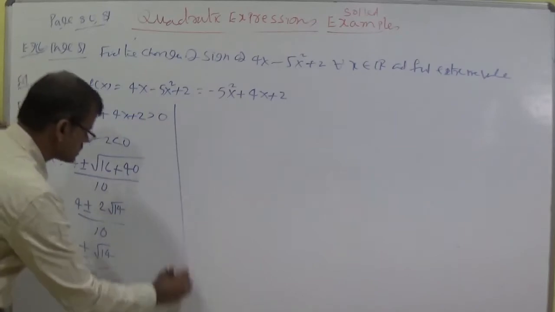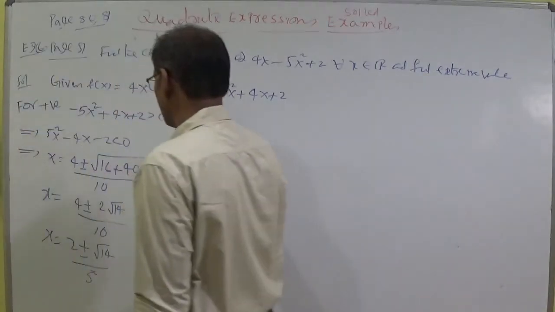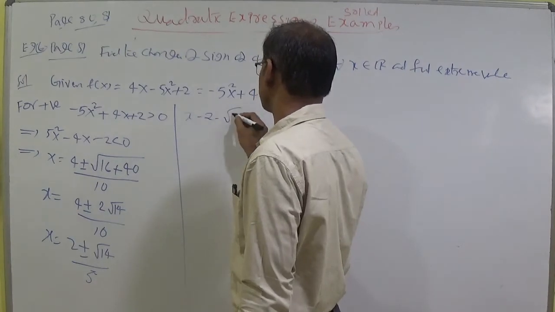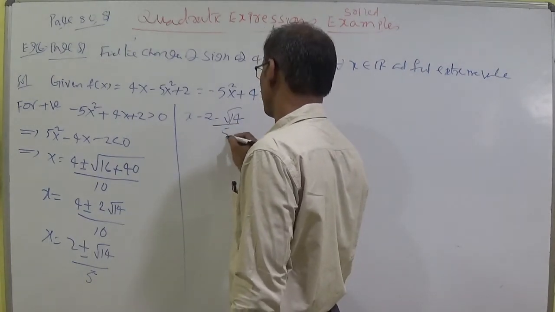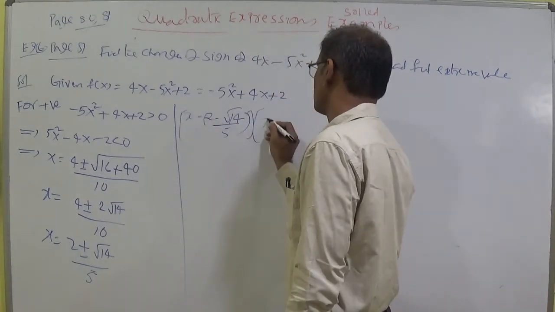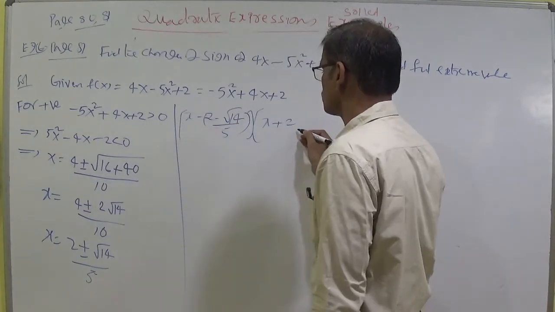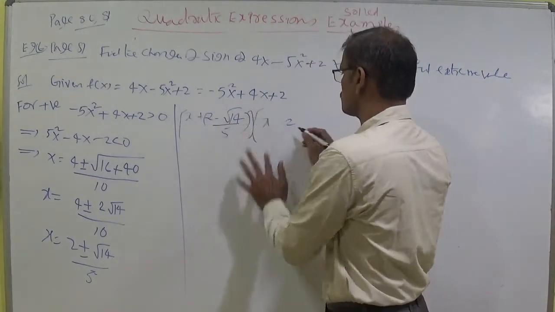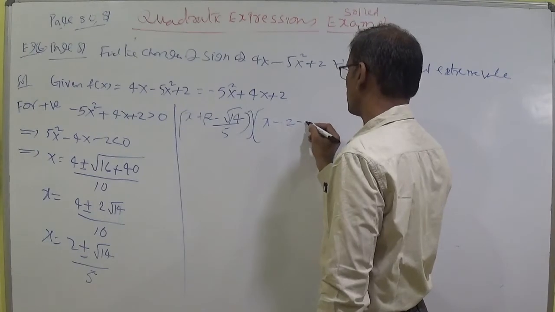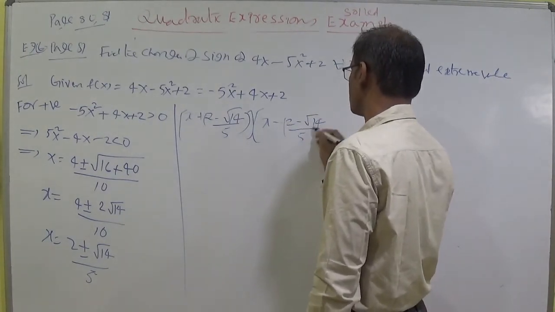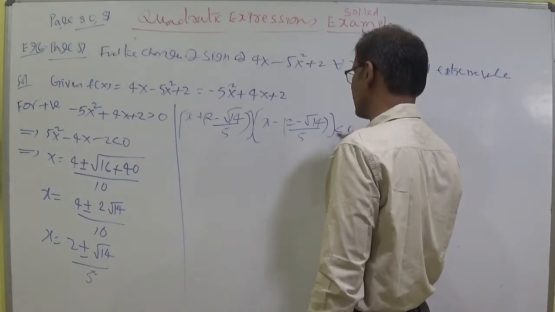Depends upon this concept, we can write it this way: x minus (2 plus root 14 by 5) into x minus (2 minus root 14 by 5) less than 0.